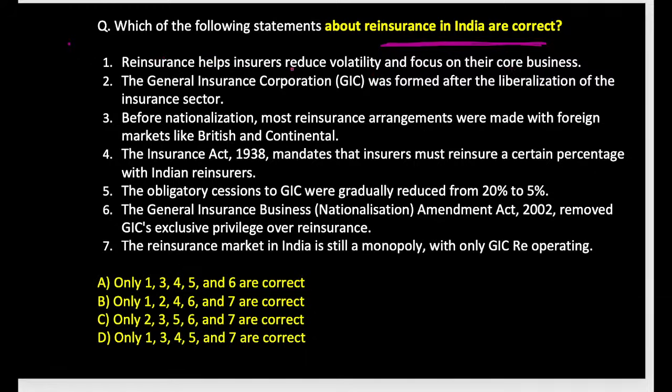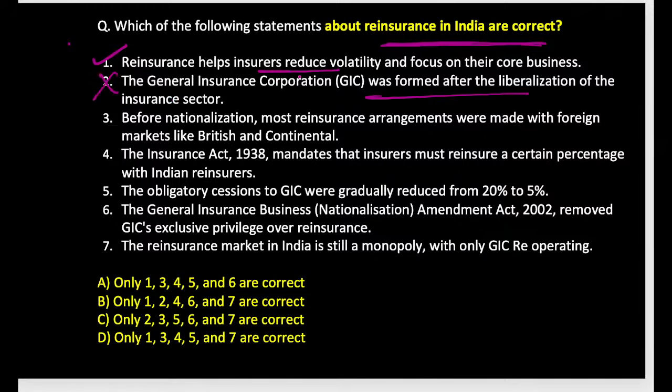So reinsurance help insurer reduce volatility and focus on their core business. GIC was formed after the, it is liberalization नहीं, ठीक है. It is 1972. We can say post nationalization, not liberalization.